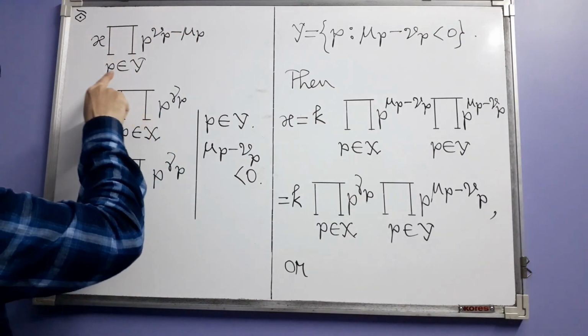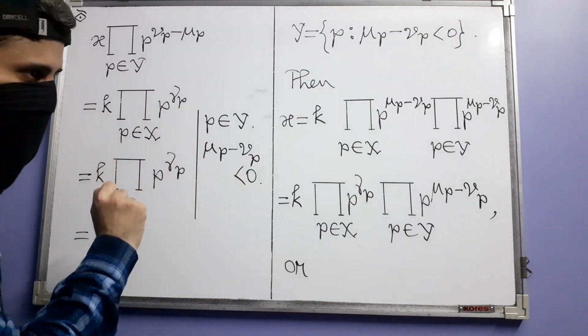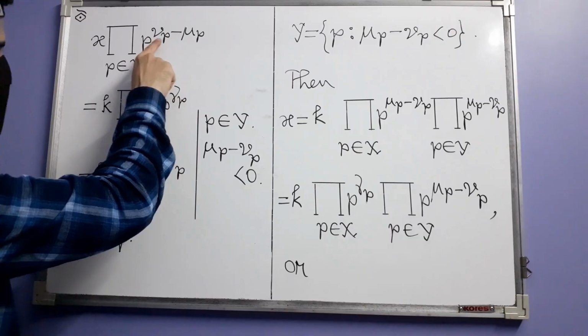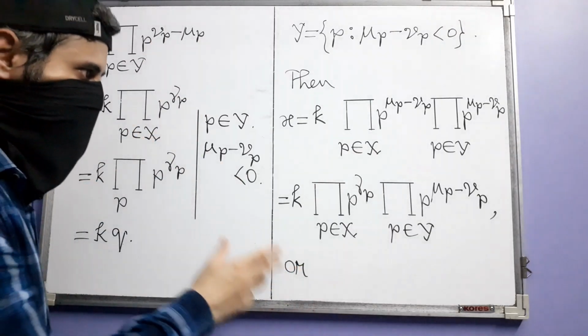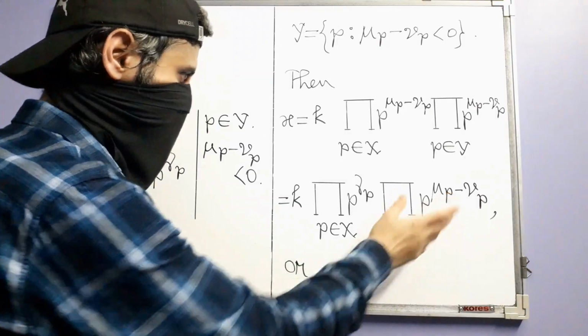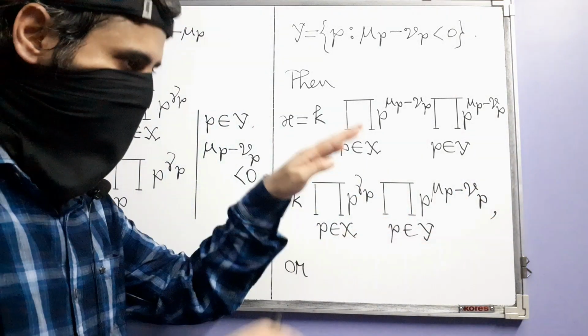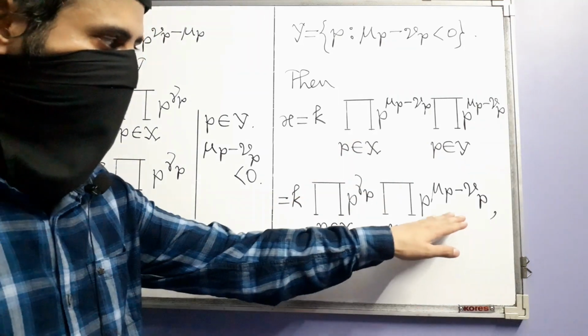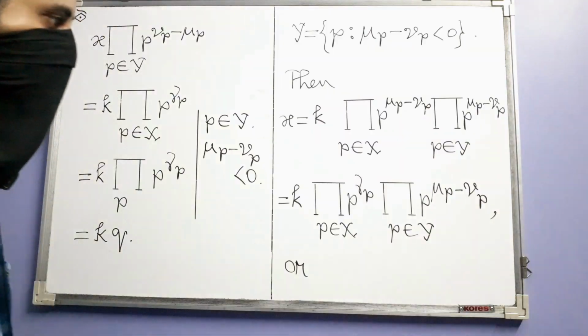Because p belongs to y, this is negative, but that is why nu p minus mu p is positive. So whatever we didn't know here, actually, this is not an integer. It's a fraction. And we do not care about the fact that it's a fraction at this stage of the calculation.